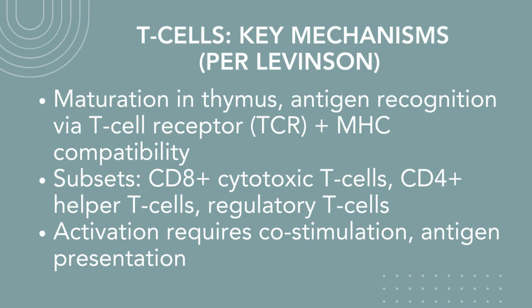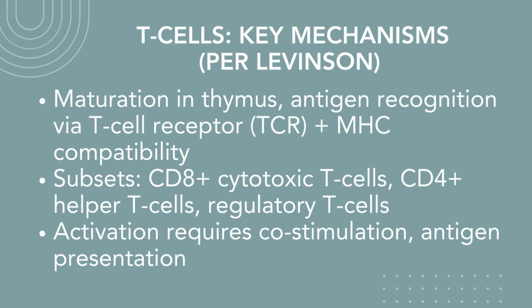T cells and their key concepts, based on Levinson chapter 60. T cells originate in the bone marrow but mature in the thymus, where they develop specificity for foreign antigens and tolerance to self.